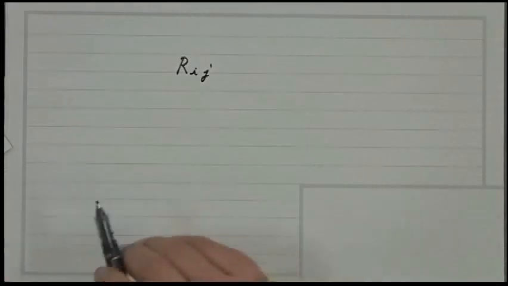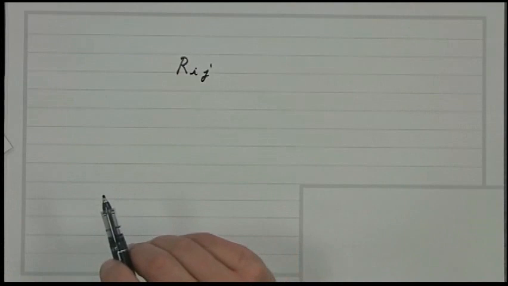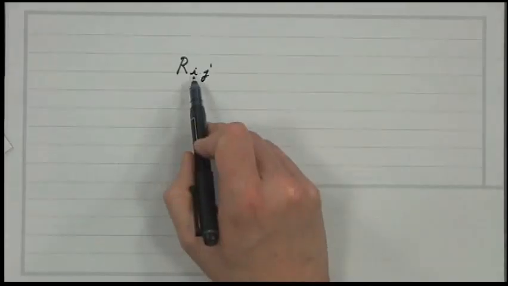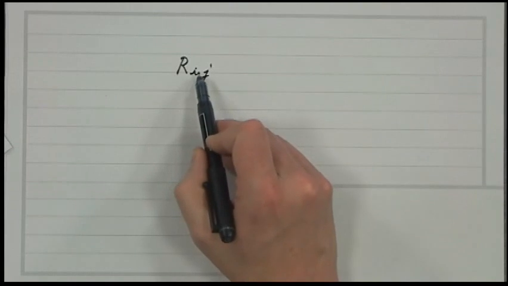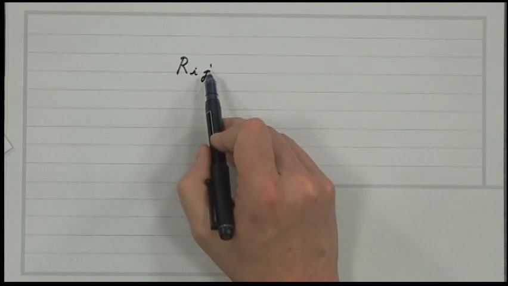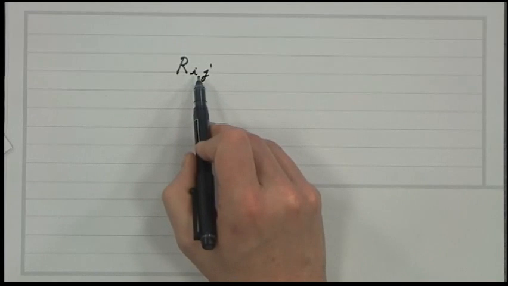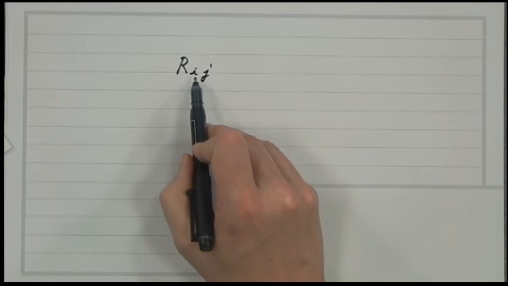The first thing that's very confusing to people is that since I've turned the image into a vector, i and j represent the index of pixels.